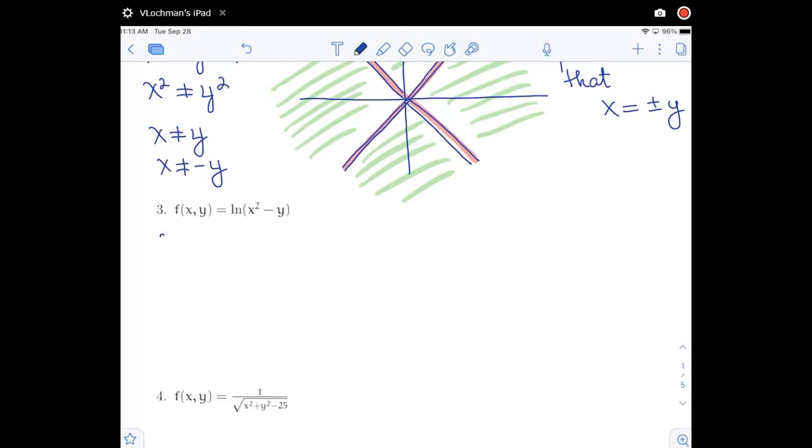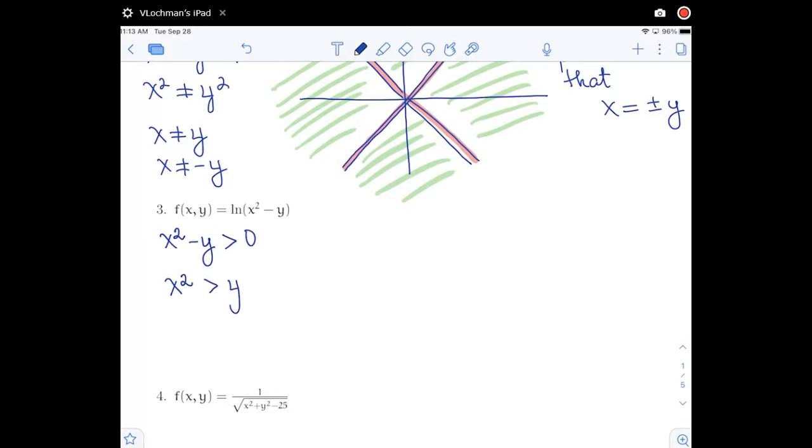So we're going to take the expression inside, x squared minus y, and set it strictly greater than 0. Okay, so this goes back to knowing basic properties of our fundamental functions, right? So log is one of them. Okay, x squared minus y has to be greater than 0. So this is x squared greater than y.